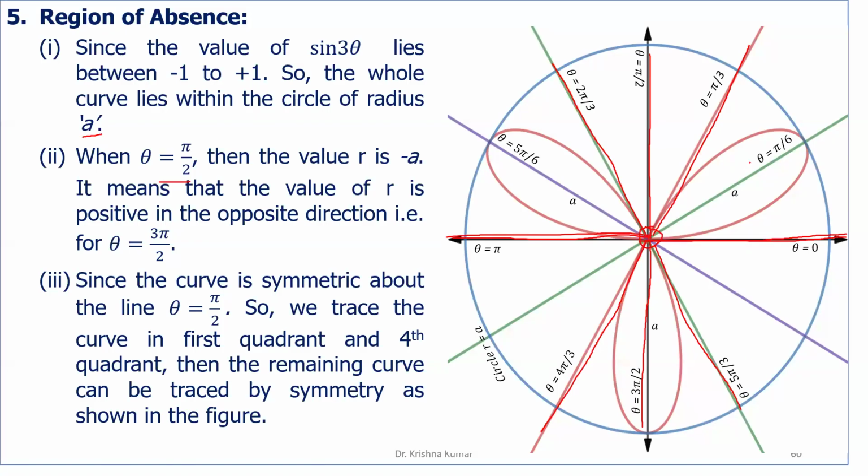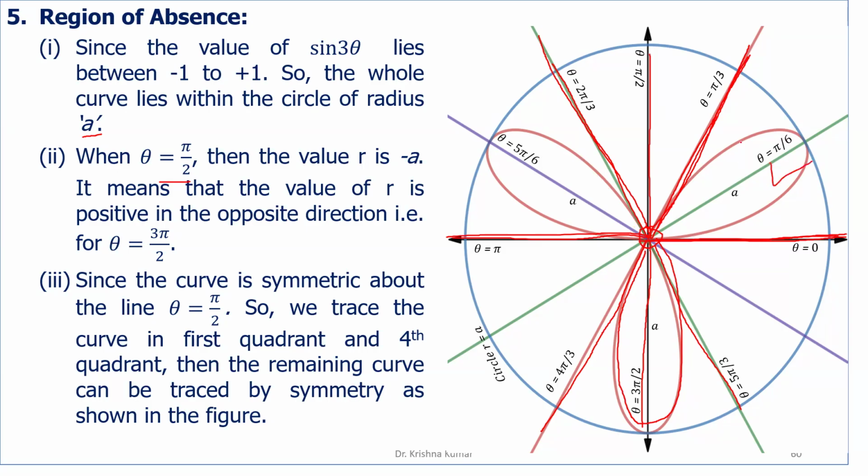We have already seen that when n is odd, the loops will be in alternate parts. Just look here. This is the first part, theta equal to 0 to theta equal to pi by 3, between 2 tangents. So there is one loop. Then alternately there is no loop over here, because when theta equal to pi by 2, the value of r is negative, so that loop goes down, at theta equal to 3 pi by 2.